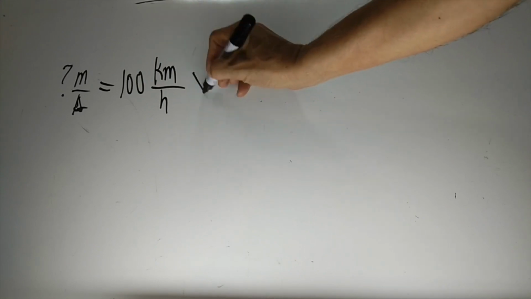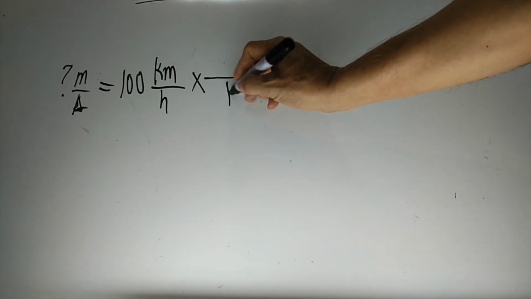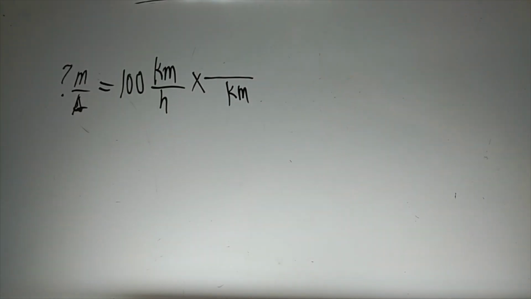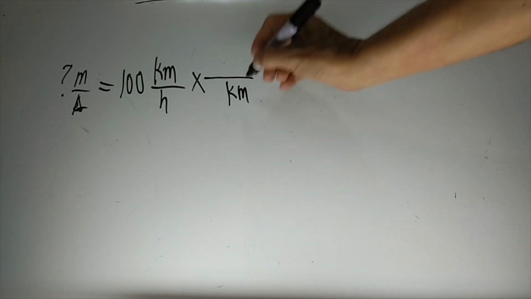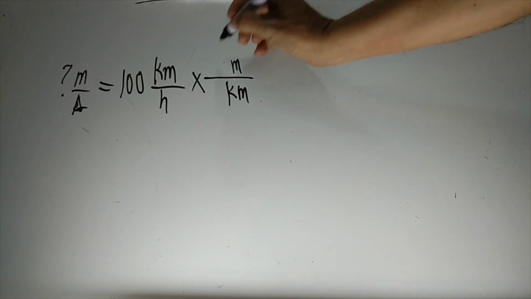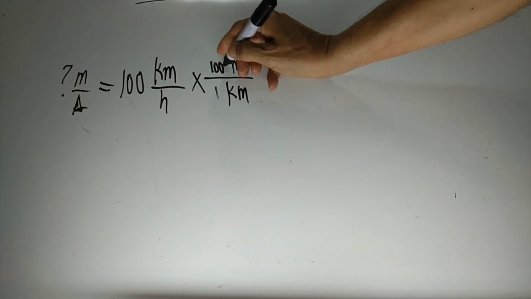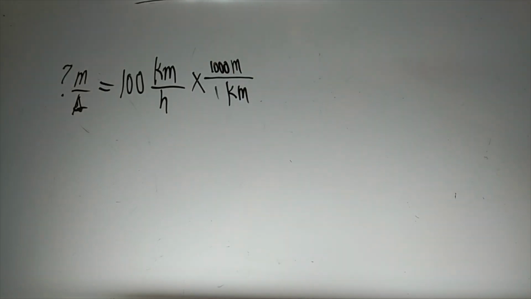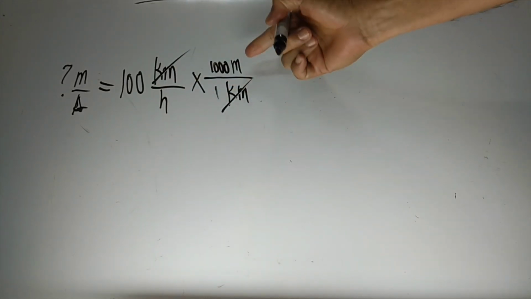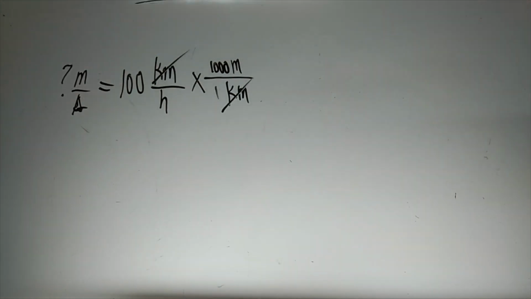So, I want to change kilometer first. So, the conversion factor should be kilometer at the bottom and meter on top, wherein the relationship is for every kilometer there are 1,000 meters. Cancel the kilometer. Okay, so the desired unit is meter and meter. So I'm done.